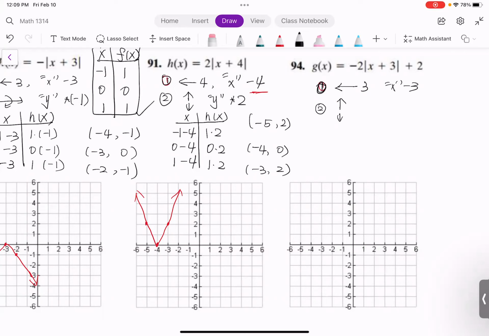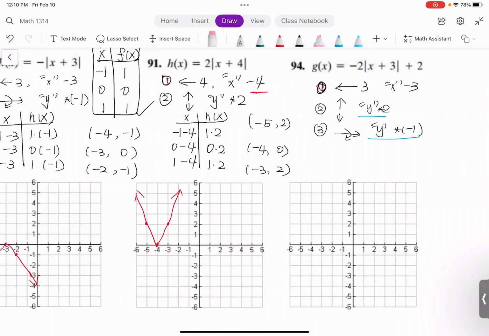So can we do them together? Because I know all the y multiplied by 2, and then third step, the reflection about the x-axis, y multiplied by -1. So I can do these two steps together, because multiplied by 2 and multiplied by -1 means multiply by -2.